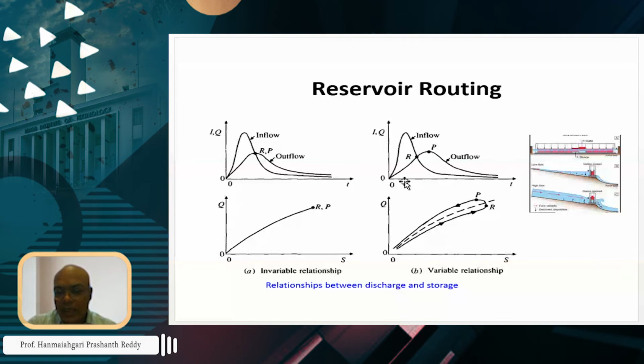So you can see that here the maximum storage is different and the maximum discharge is different. So for various inflow and outflow hydrographs, if we plot the relation between Q and S, it is not a single curve, but it is like a loop.